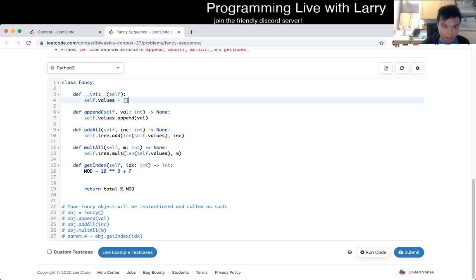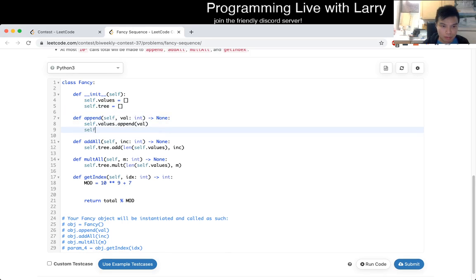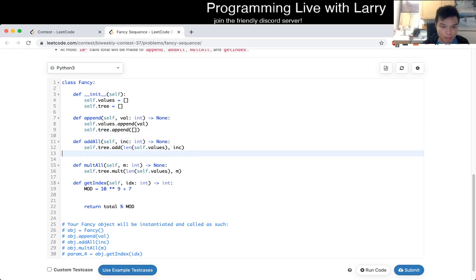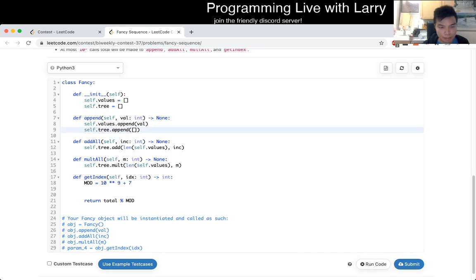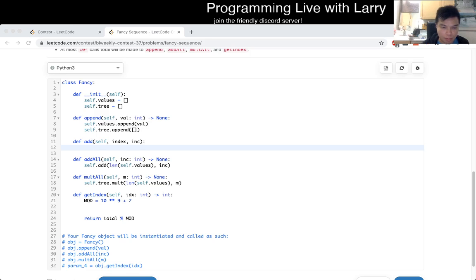Give it a try. I don't know. I'm a little bit rusty on the index trees.